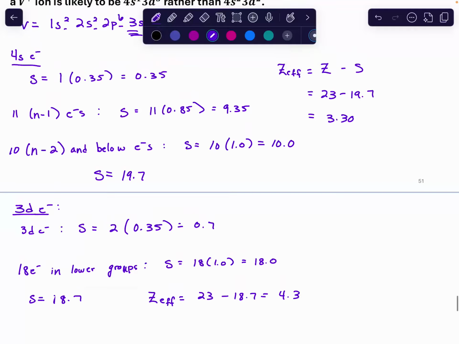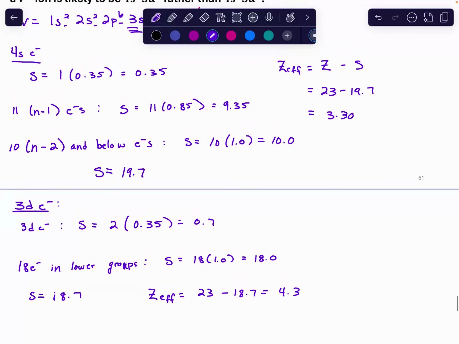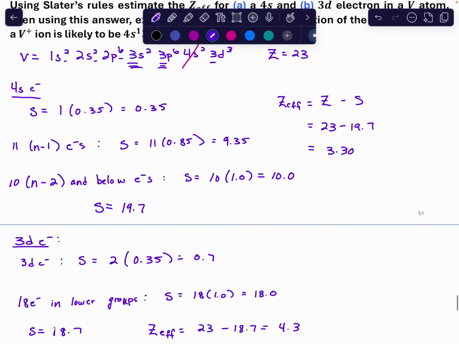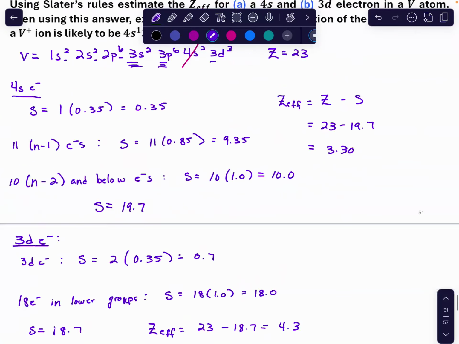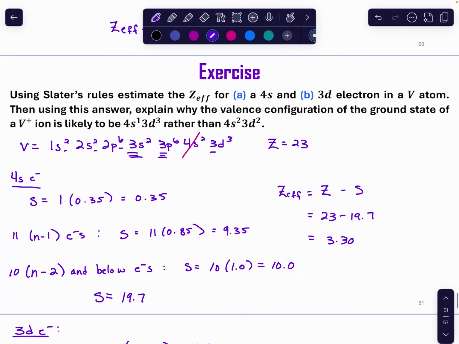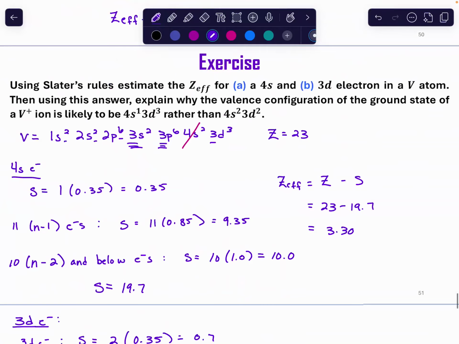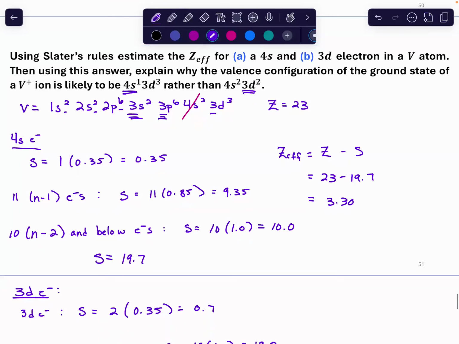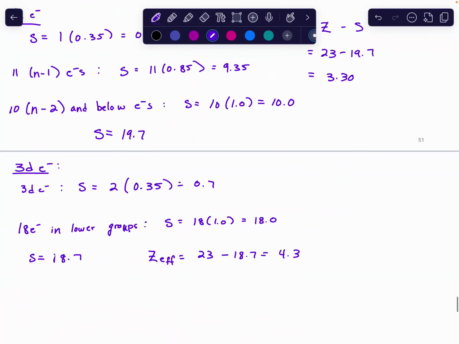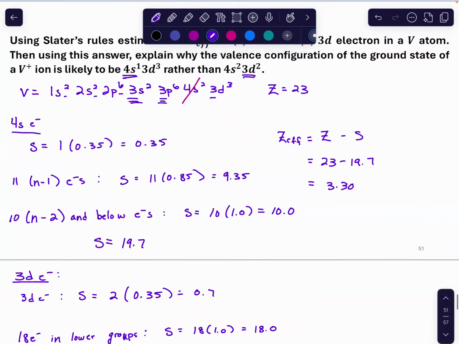So now the 3d electrons are going to feel 4.3 of the protons in the nucleus versus the 3.3 protons of the 4s electrons. So the reason that when vanadium becomes vanadium plus, we strip off one of the 4s electrons versus one of the 3d electrons is that the effective nuclear charge for the 4s electrons is lower than the effective nuclear charge of the 3d electrons.